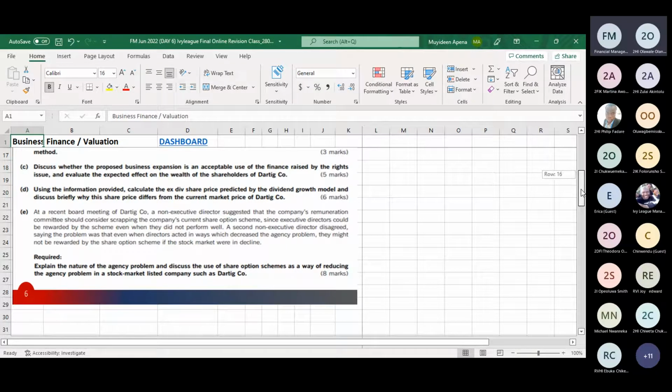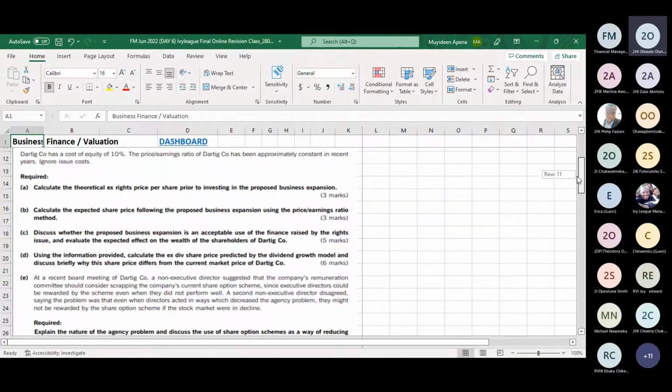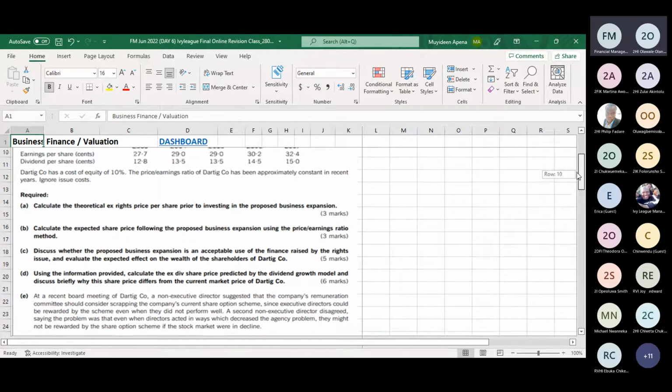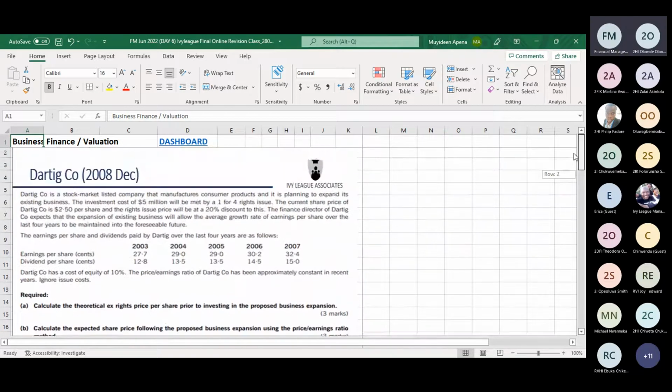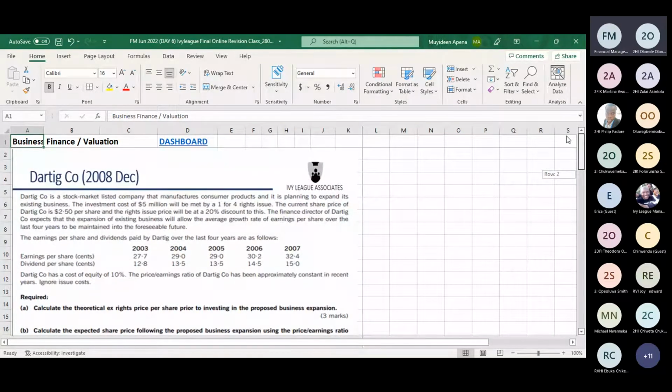So on this page, we'll be dealing with questions A to D. So let's start. What's the scenario all about? Datiko is a stock market listed company that manufactures consumer products and is planning to expand its existing business.